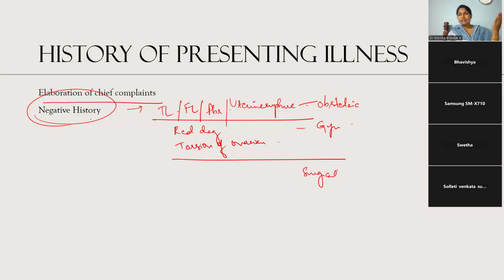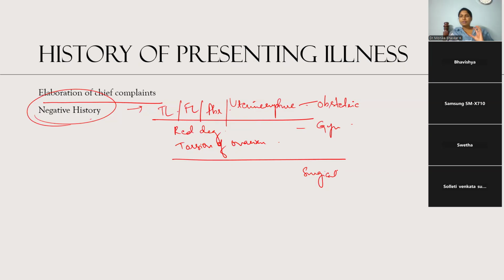Always elaborate the chief complaints, and ask the relevant negative history. You should not ask everything; you do not ask about all obstetric and gynecological causes. The relevant negative history for that particular chief complaint has to be written in detail, so that we can go to a provisional diagnosis and manage the woman accordingly.